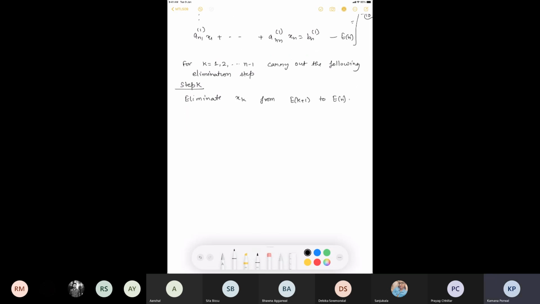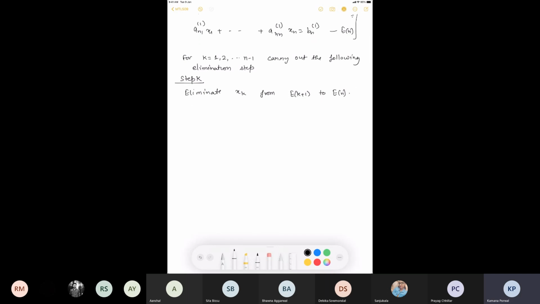Okay, so let's write it down. What is the system we are going to have at the step k minus 1? So the resulting system of the preceding steps which are 1 to k minus 1, this will yield the following system.